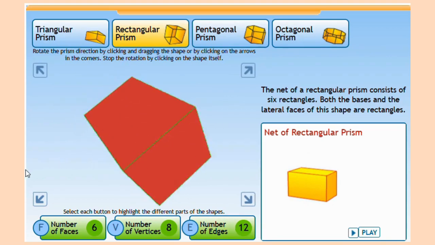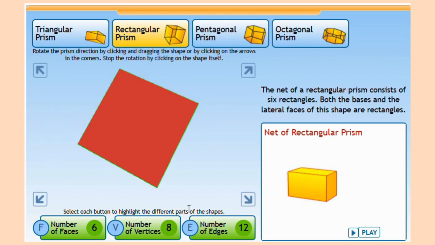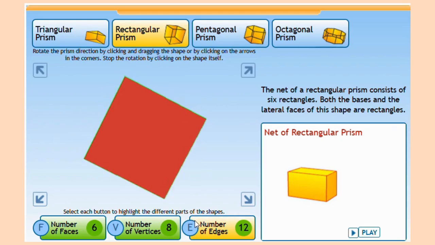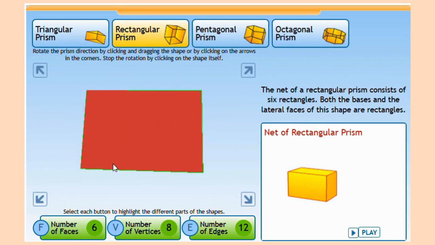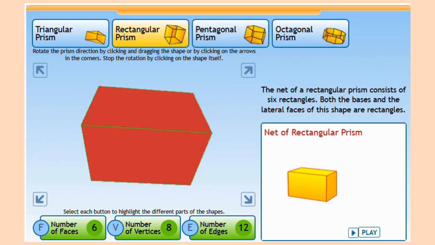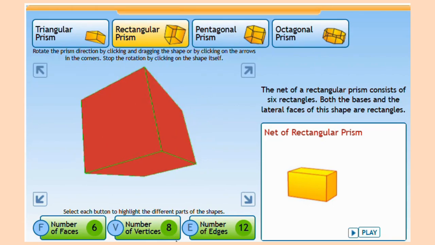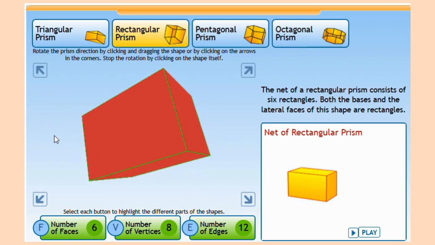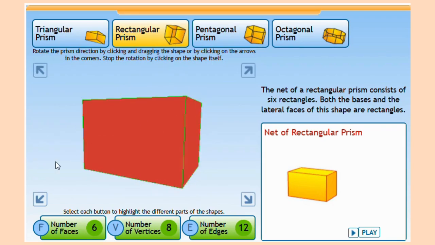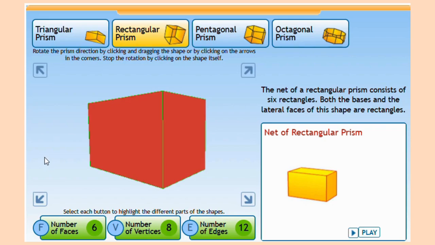The rectangular prism also has rectangles connecting the two sides. In this case, there's a square and a square on the other side, which is connected by four rectangles. But this face can also be the shape of a rectangle. So it can either have two squares connected with rectangles, or it can have all of the sides as rectangular shapes.